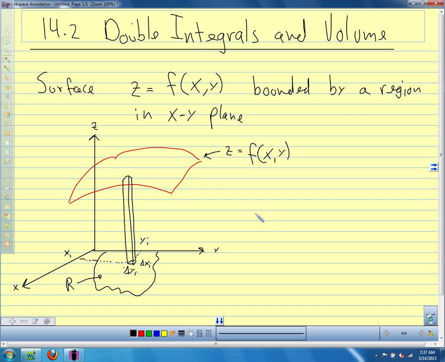The area of the base is just delta x sub i, delta y sub i, and we're going to call that delta A sub i. So we have this little increment of area in our region. And the height of each of these approximately rectangular prisms is f of x sub i, y sub i.